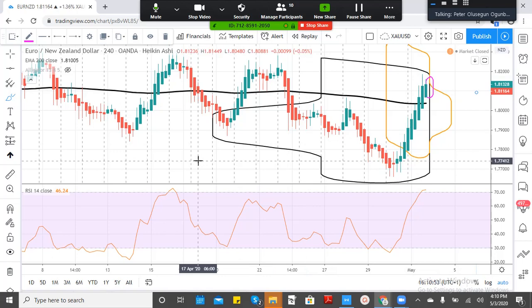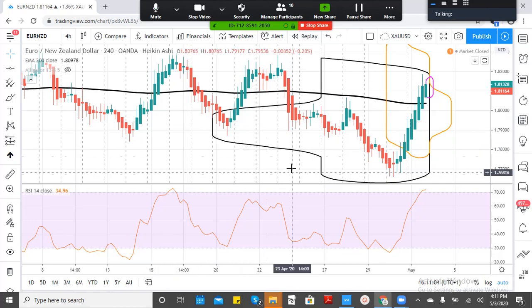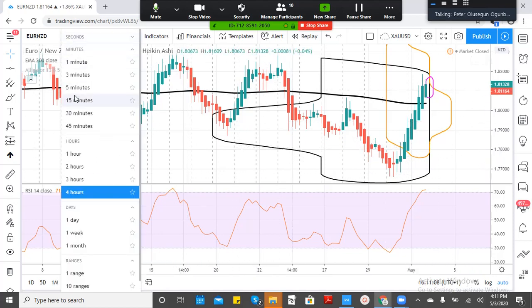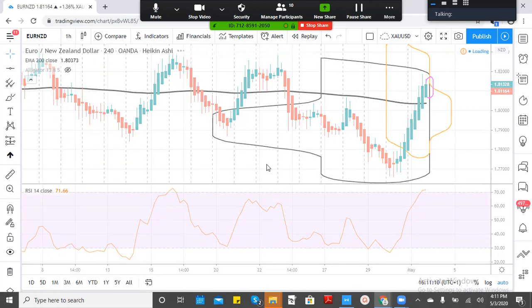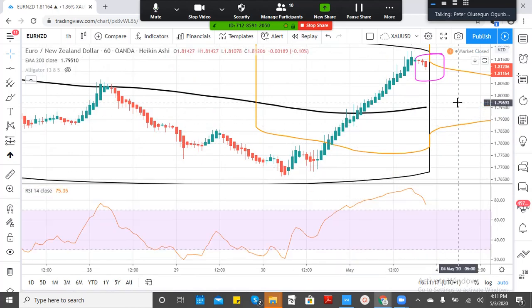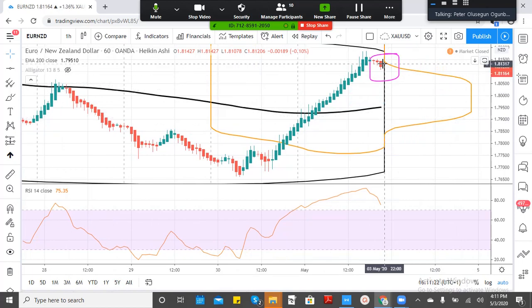So we should see like 4 within that frame if we go to the 1 hour candle. This is 1, 2, 3, 4.